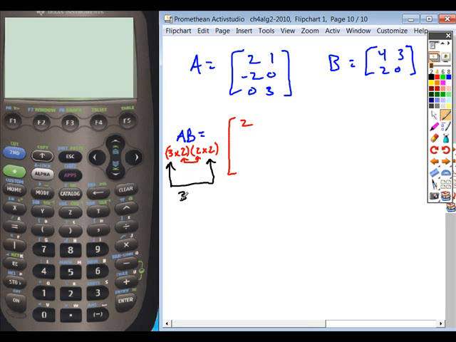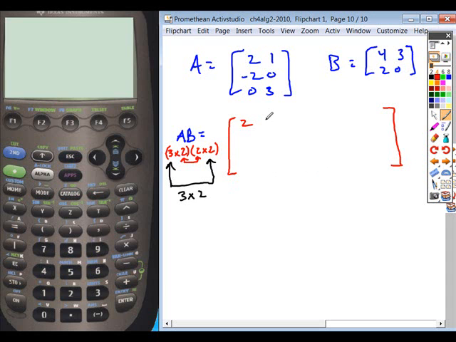So we know our answer is going to be a 3 by 2 matrix, which means 3 rows and 2 columns.